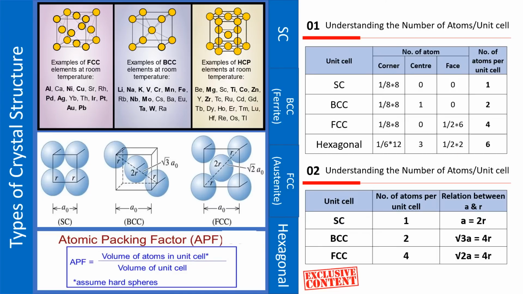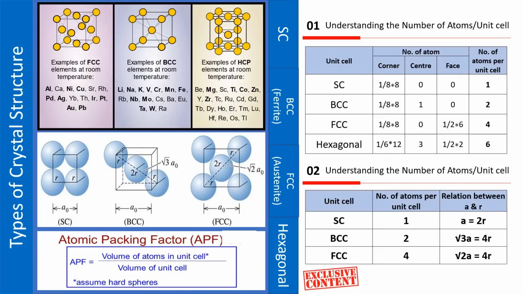Now once we know how many atoms are there within that particular unit, now let us try to understand how these atoms are interrelated with respect to its radius and lattice dimension. If you see, for a single unit of simple cubic cell, these 4 atoms will be touching each other, and this is, let us assume, a dimension of cubic unit A0.